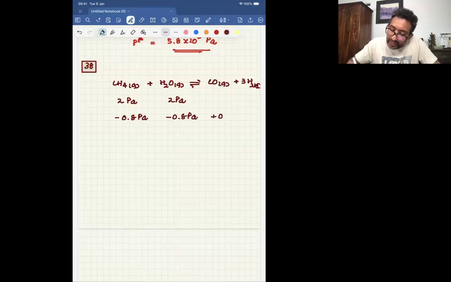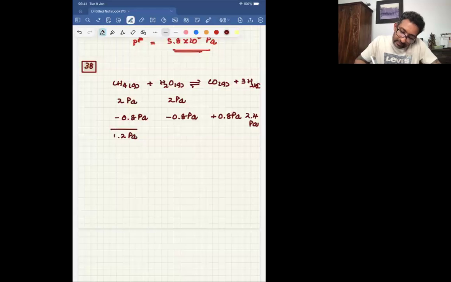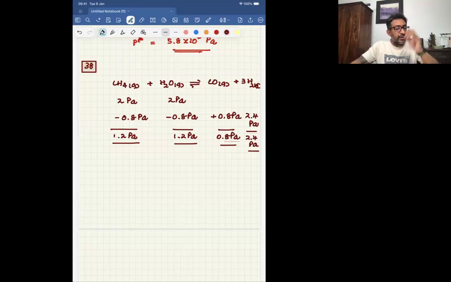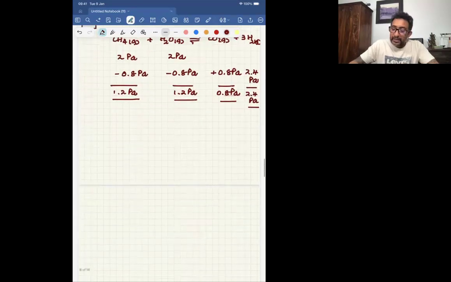Here you get plus 0.8 pascals and 1:3, so this is 2.4 pascals. So at equilibrium you get 1.2 pascals, 1.2 pascals, 0.8 pascals, and 2.4 pascals. Okay, equilibrium.